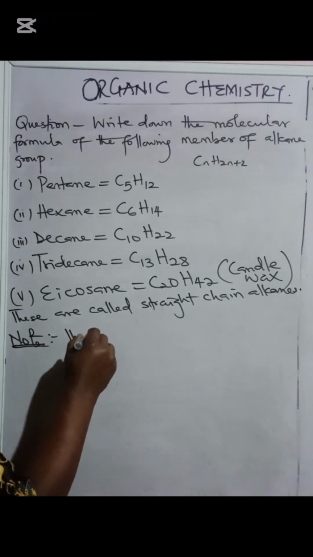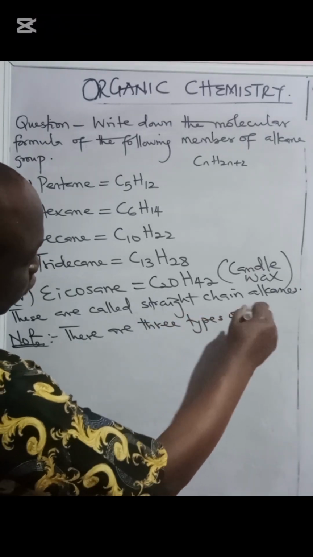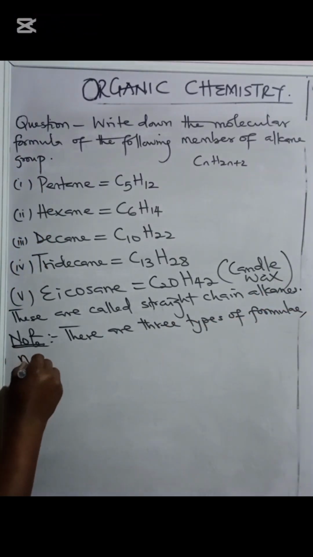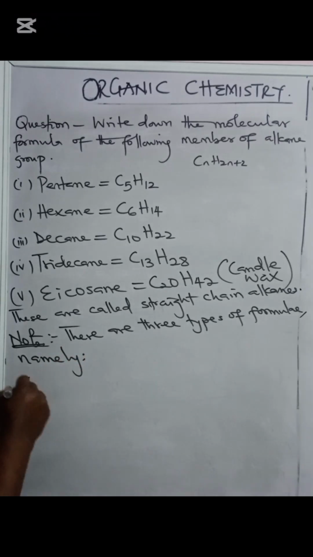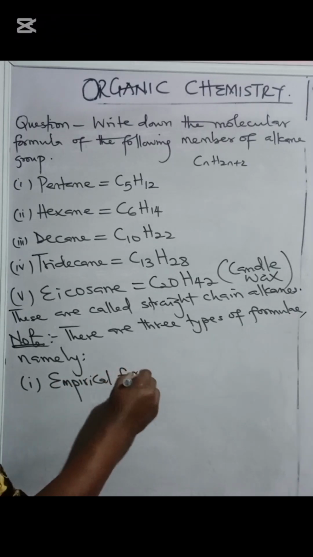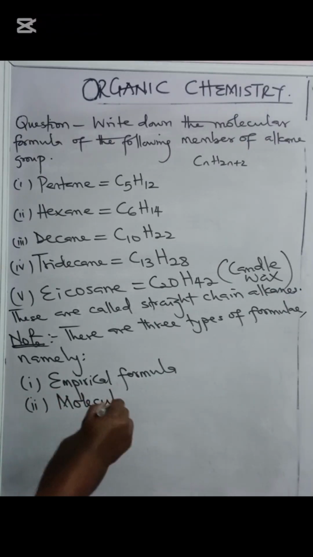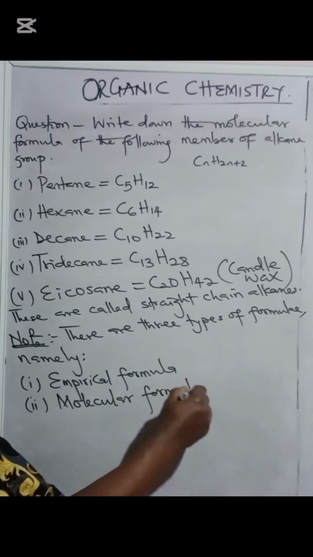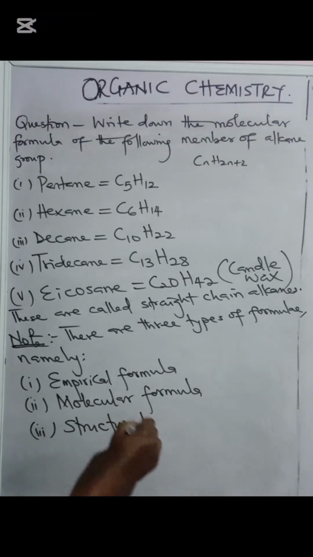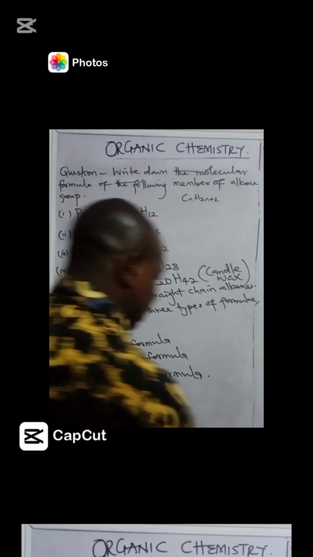So there are 3 types of formulae, namely: one, empirical formula of organic compounds; 2, molecular formula; and 3, structural formula. So we take it one by one with illustration.